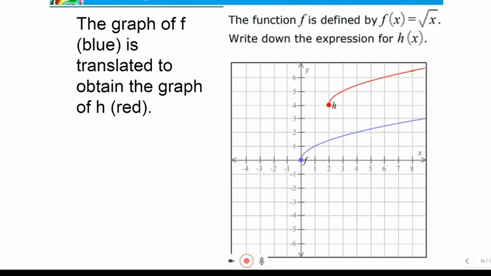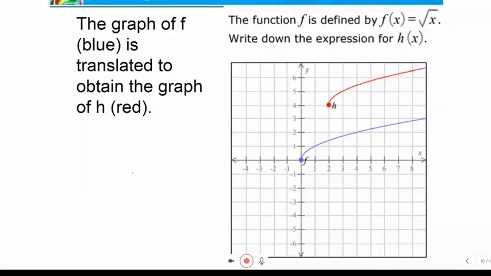This problem is going to be a little different now. It says the function f is defined by f of x is the square root of x. Write down the expression for h of x.